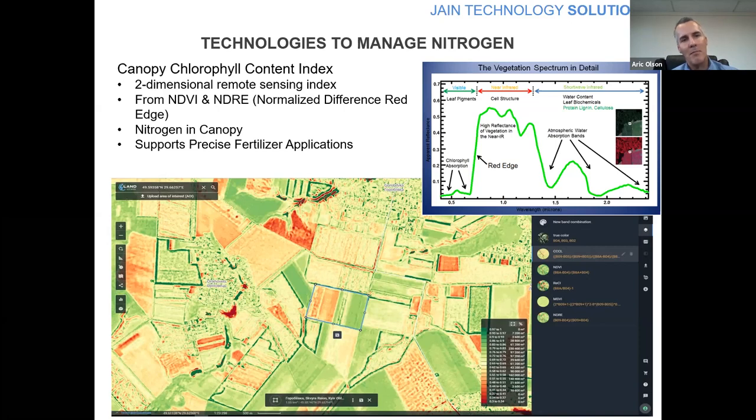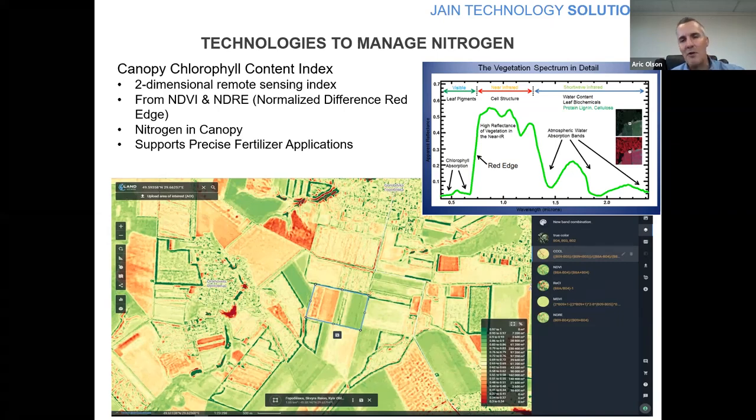There's a minor adjustment to this index where we're looking at the red edge of the electromagnetic spectrum. It's a minor calculation difference, putting this red edge into the calculation, and it gives us an idea of how much nitrogen is actually in that crop and in that canopy.